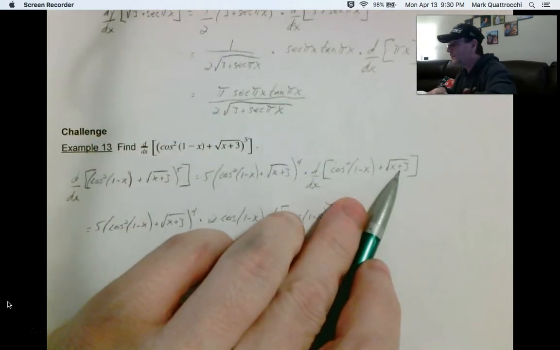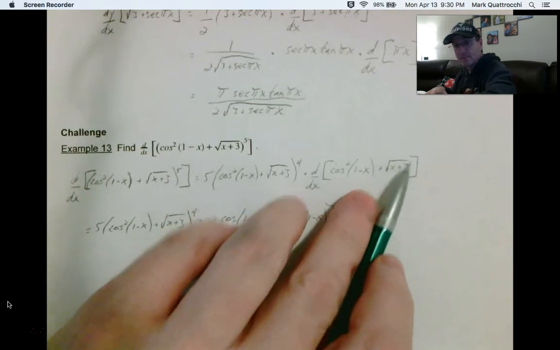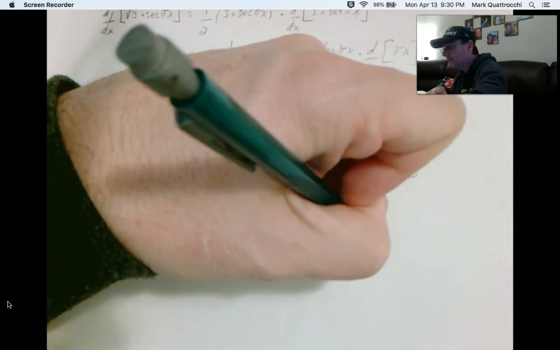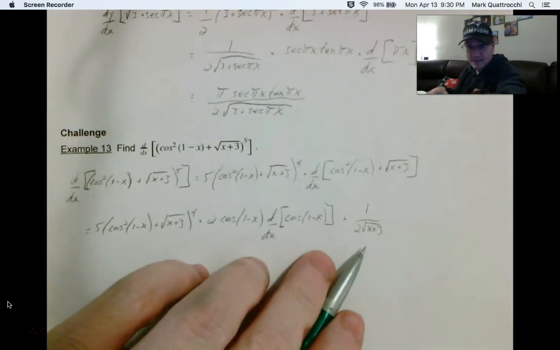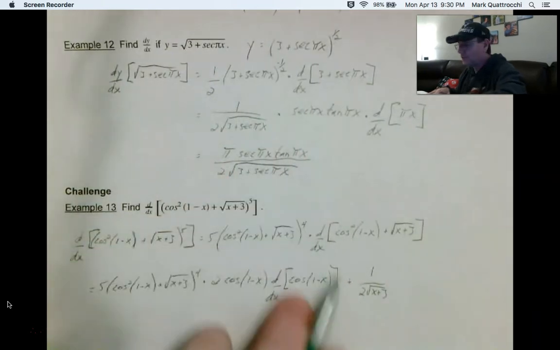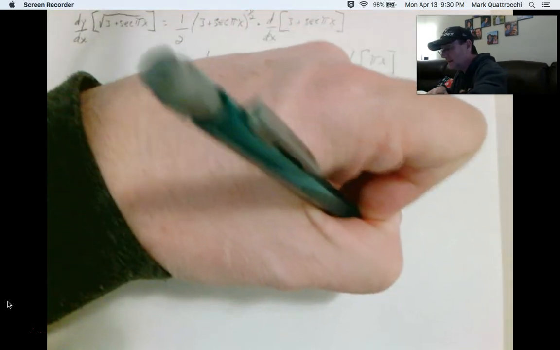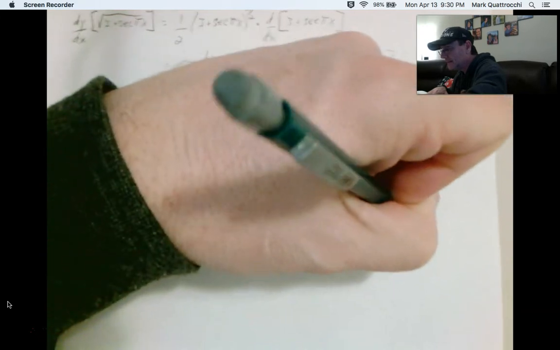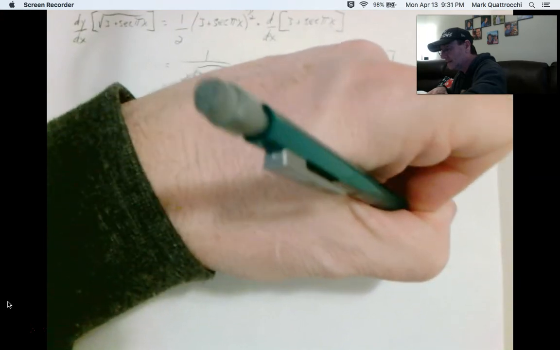I'm not going to rewrite it, but this is a 1/2 power again. So 1/2, 1 over 2 square root x plus 3. We've seen that a few times today. So I'm just jumping straight to this part of the answer a little bit quicker, times d dx of the inner function x plus 3.